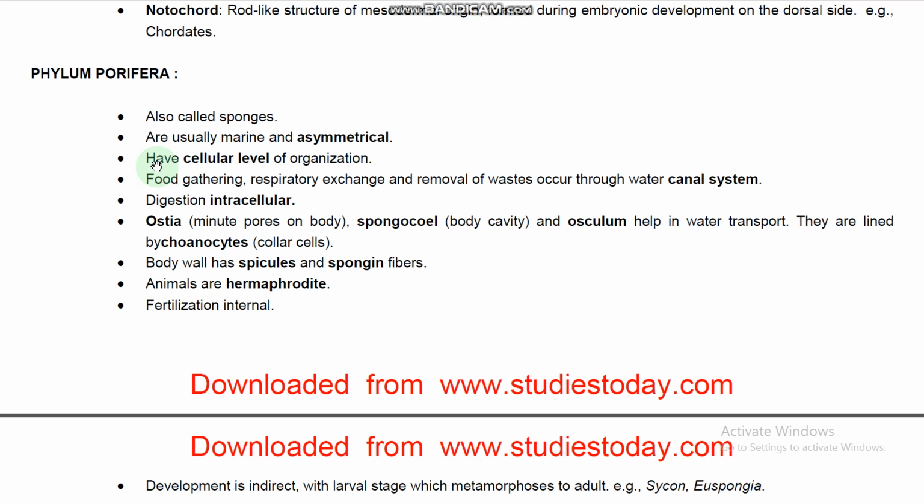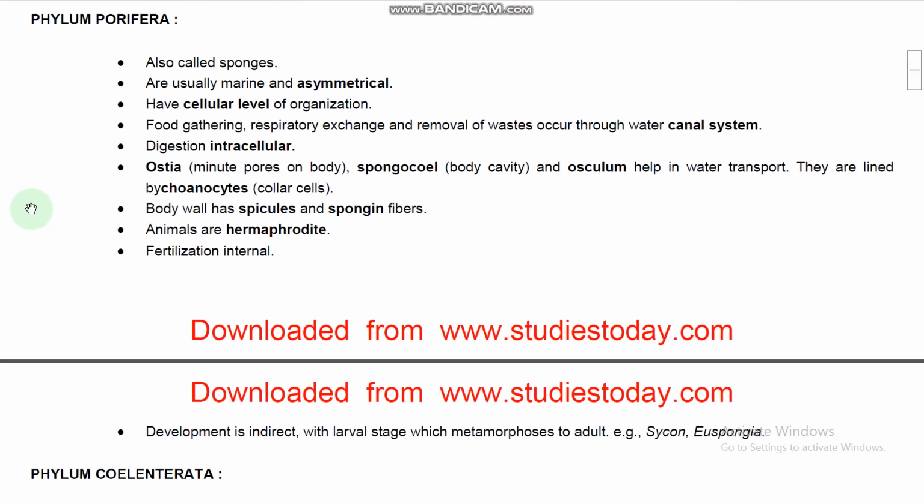So in the chordates, Urochordata, Cephalochordata, Vertebrata. In the vertebrata, it is again divided into classes, that is fishes, pisces and amphibians, reptiles, aves and mammals, right?